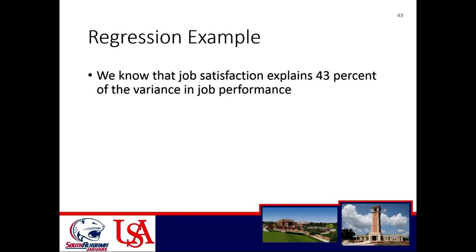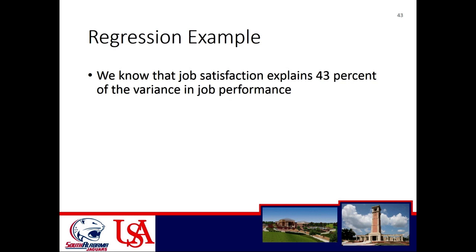So altogether, we got our regression equation, which I believe was 4.05 plus 0.65x. We got our p-value for job satisfaction predicting job performance. We found that job satisfaction was a statistically significant predictor of job performance, and you can interpret that very similar to a correlation in this example.